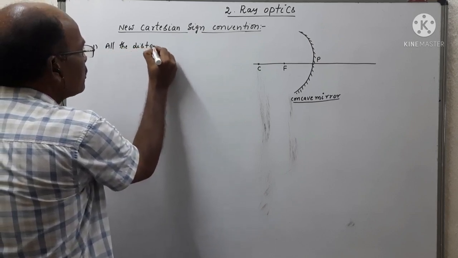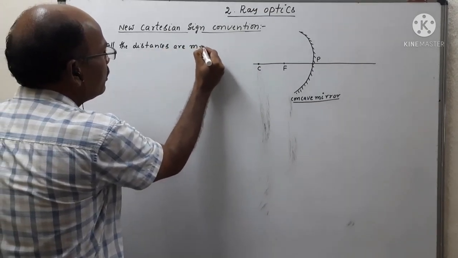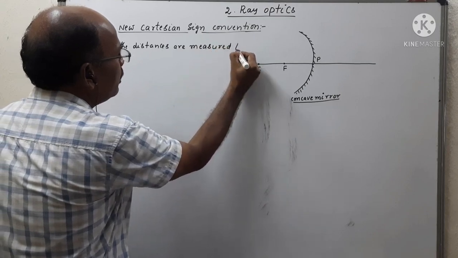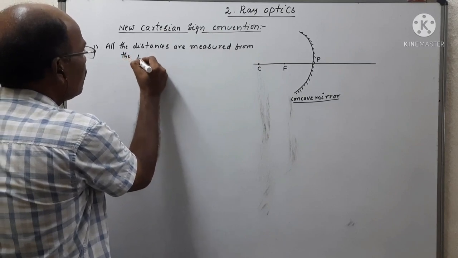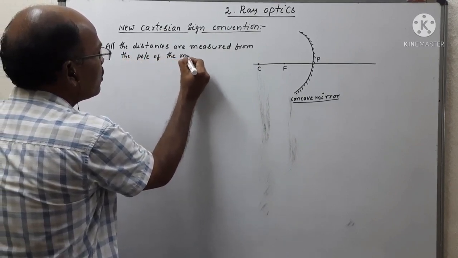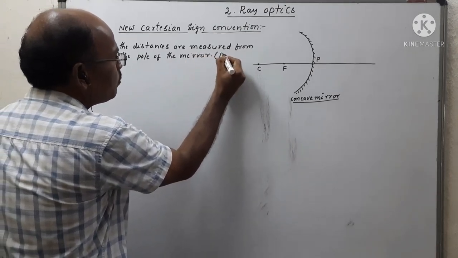The first sign convention: all the distances are measured from the pole of the mirror. What is the pole?